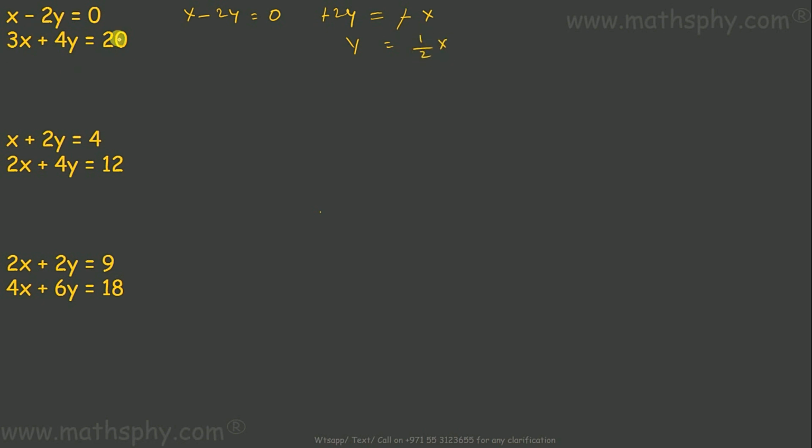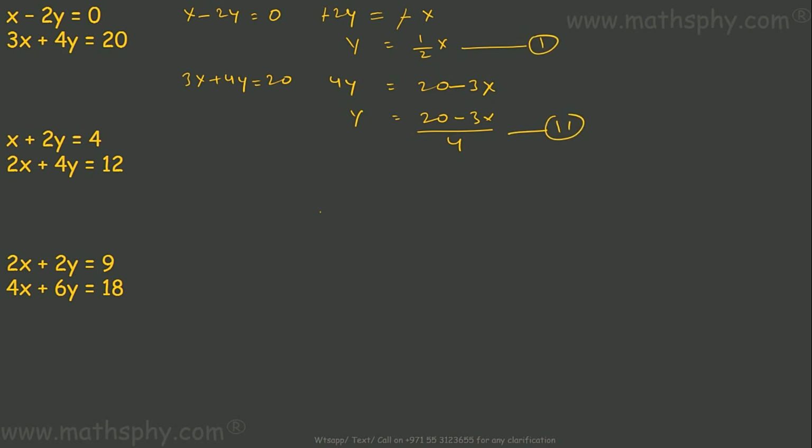Same operation I do with this one. This is 3x plus 4y equal to 20. 4y equals 20 minus 3x. y would be 20 minus 3x over 4. So I have this equation, I have this equation.